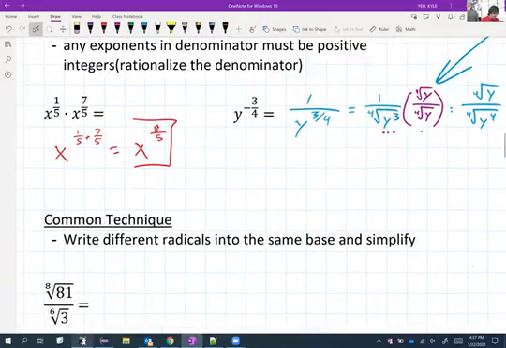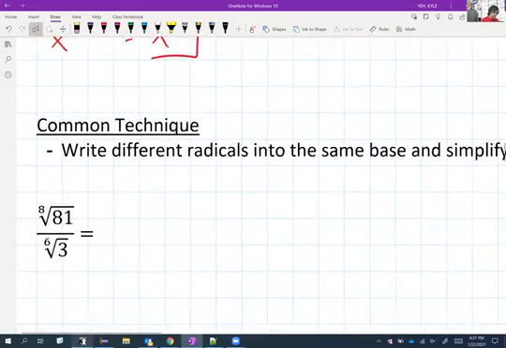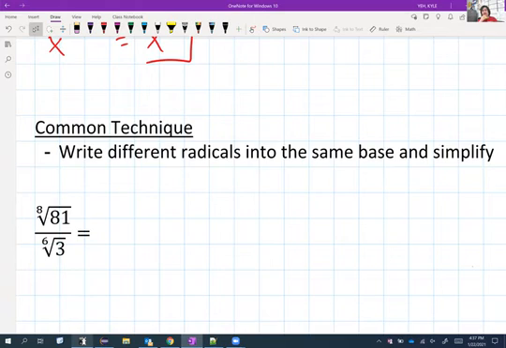So here's our common technique I'm going to show you. Because half the time we look at this problem, we say the 8th root of 81 over the 6th root of 3. Like what? How do we simplify those? I mean, they're different radicals, they're different insides, radicands. So how do we simplify this?